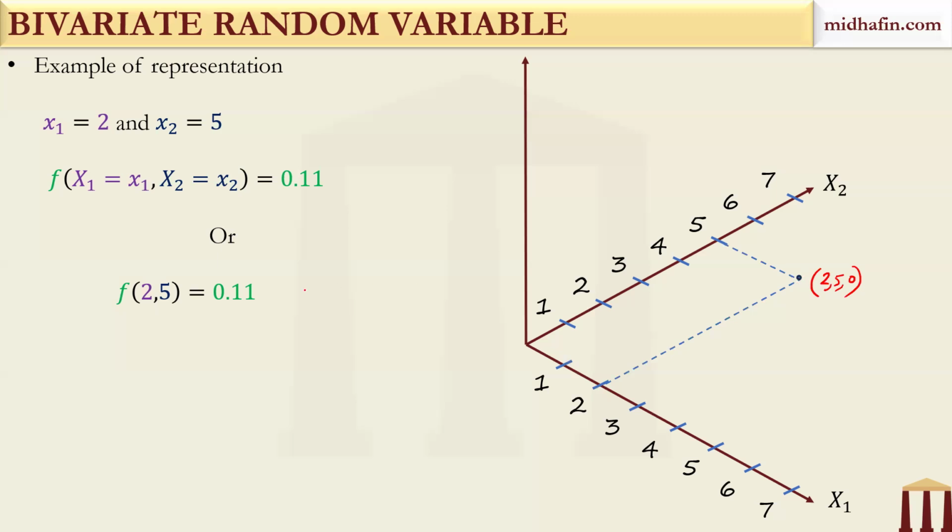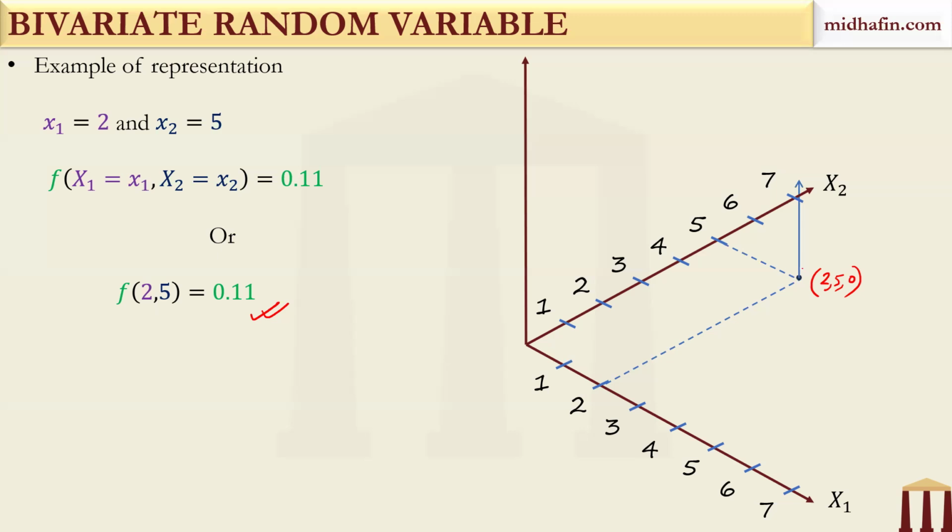Now, to find the probability, which will be represented by the third axis, you actually raise this point by what distance? By a distance of 0.11 above. If the x1 x2 plane is the ground for us, the floor of our room, then we'll move a little bit up towards the ceiling.